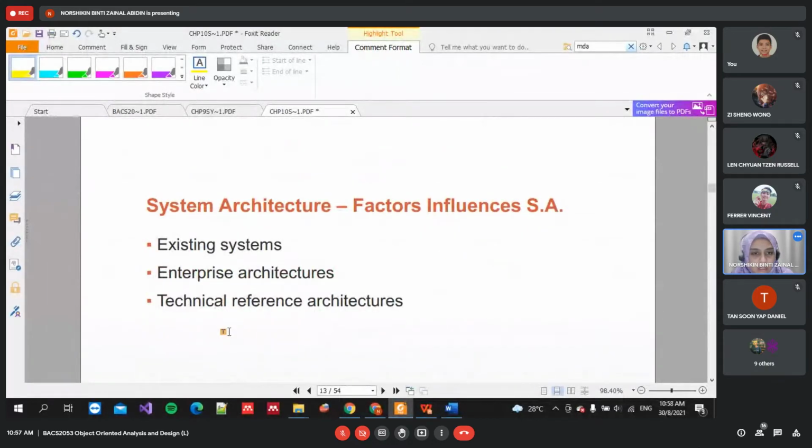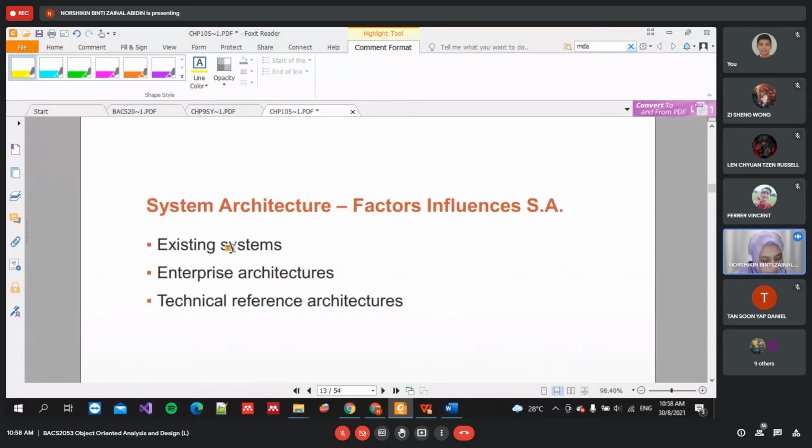Okay, here is the system architect. What influences the system architecture? First, the existing system. Of course, the existing system will affect our new system, not only the architecture but the whole system, in terms of how it will be different from our current existing system.